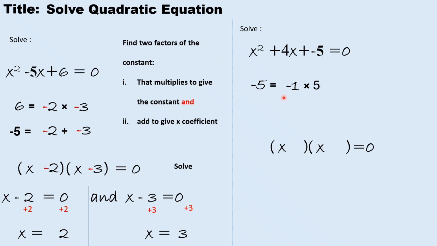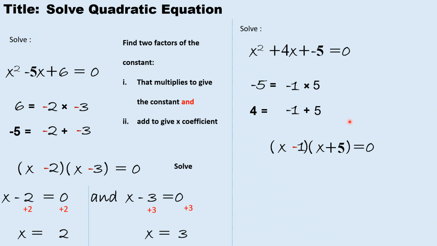Also, remember, when you add these factors, you should get the coefficient of x, and the coefficient of x is 4. So negative 1 add 5 is 4. Therefore, our factors are negative 1 and 5. So negative 1 goes in your first bracket and positive 5 goes in your second bracket. So we have just factorized our quadratic equation.